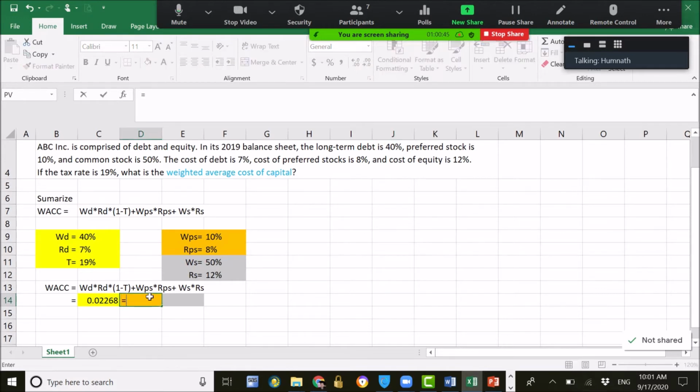So let me calculate the cost of preferred stock. The cost of preferred stock equals the percentage of preferred stock times the cost of preferred stock.